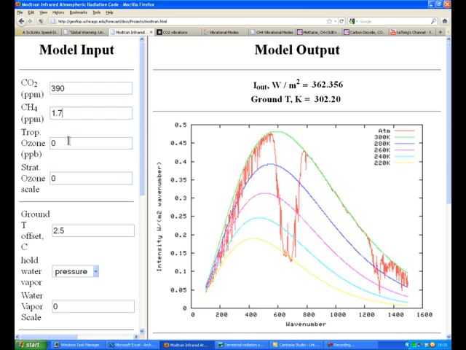Now the amount of ozone in the troposphere is only about, I think, 34 parts per billion. I'm just going to add in a scale of stratospheric ozone here as well, and I'll see what happens around this area here.